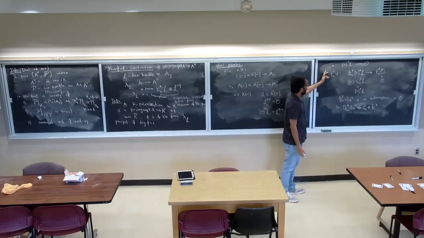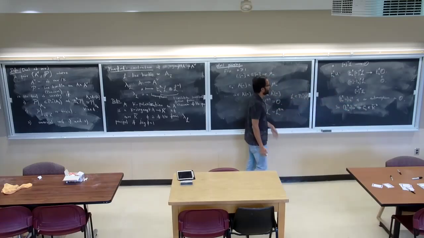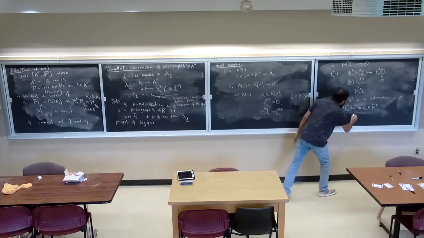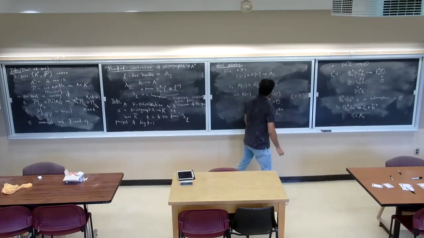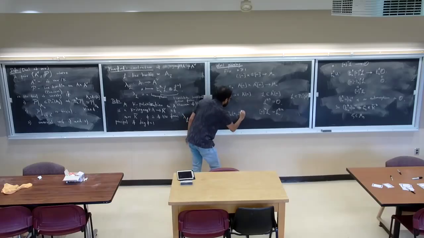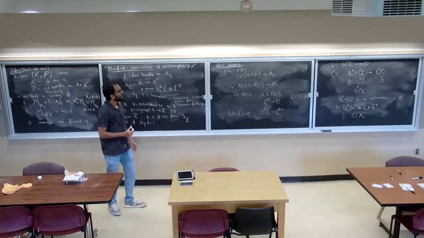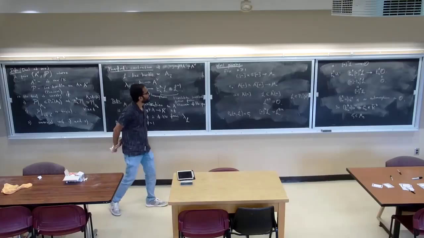And so zeta to the power n will be 1, and so zeta is in fact a root of unity. So we will define the pairing of A and L to be zeta. Okay. Any questions about this construction?